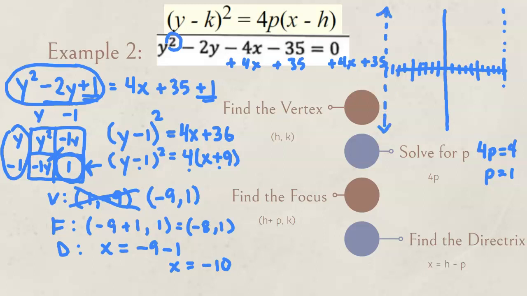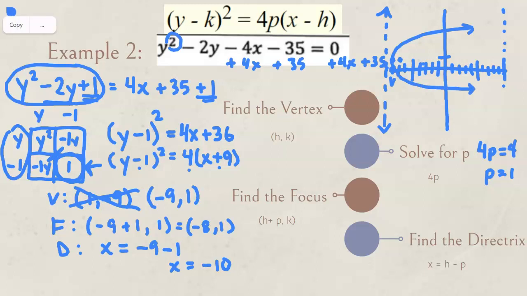I'm going to have my vertex at -9, 1. So this is my vertex. Sorry, my vertex is up here. And my focus is going to be at the same y-coordinate, but 1 to the right of that. And so my parabola is going to be sideways facing. It's going to open this way.